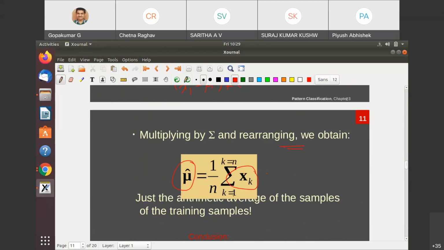If you look into this equation, we know that this is nothing but the arithmetic average of the samples.